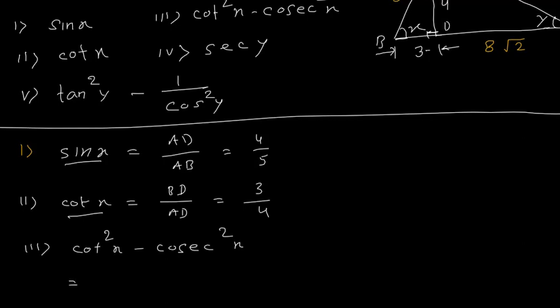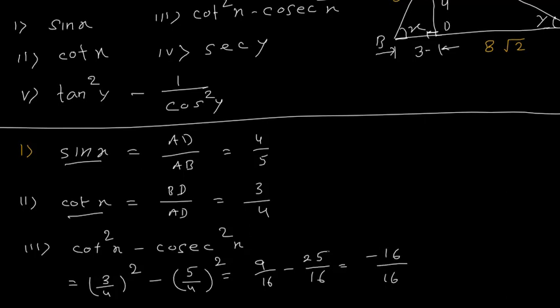It is 3 upon 4 the whole square minus cosec, reciprocal of sin, that is 5 upon 4 the whole square. 3 upon 4 squared is 9 upon 16, 5 upon 4 squared is 25 upon 16. So, 9 minus 25, what did you get? You got minus 16. So, minus 16 upon 16 will give you the answer as minus 1.